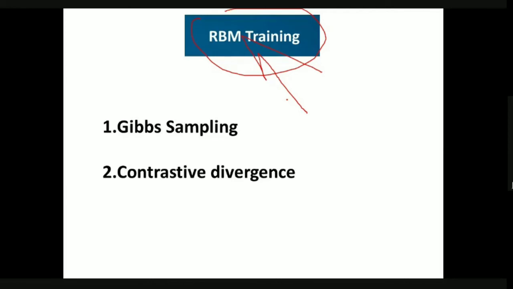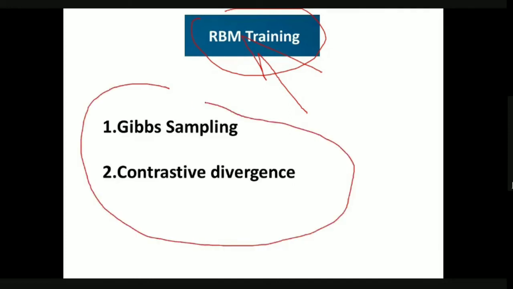So there are mainly two training steps, as you see here on the screen. The first one is called Gibbs sampling, and the second one is called contrastive divergence. Let us see how Gibbs sampling and contrastive divergence help us to train these restricted Boltzmann machines.